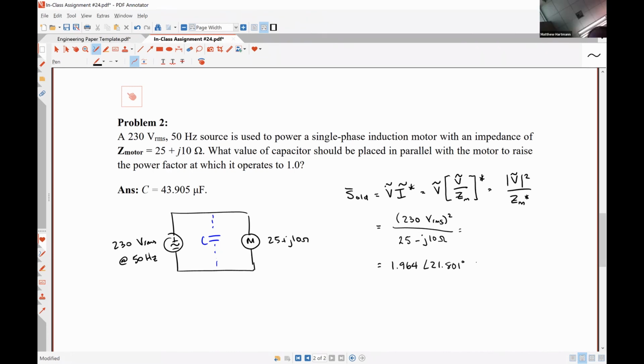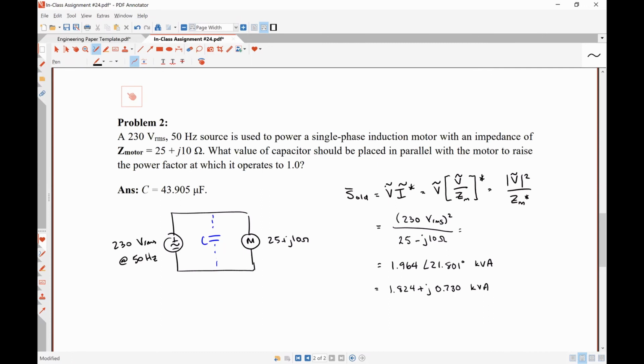Let's see, kilovolt amperes, which is 1.824 plus j0.7273 kVA, if I've done my math correctly. Anybody get something similar? That's what I got too.